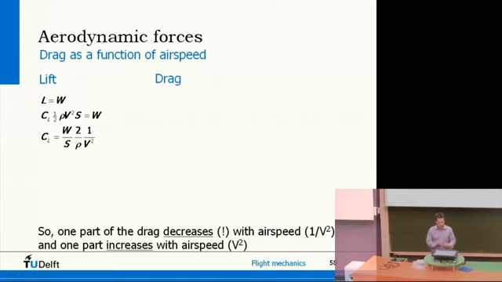Lift coefficient is a function of aircraft weight, wing surface area, air density, and airspeed. So again, high airspeed means a small lift coefficient, low airspeed means a high lift coefficient. Now this is a given. If you have a certain airspeed, you need a certain lift coefficient to stay in the air.